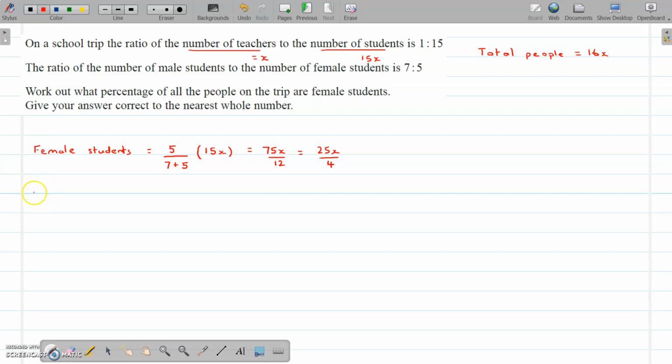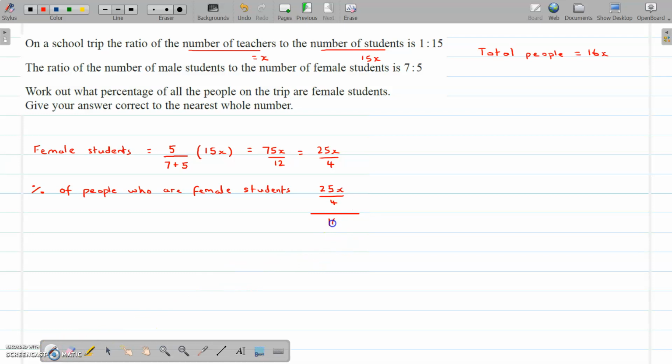So the percentage of people who are female students is going to be the number of female students, which is 25x over 4, divided by the total number of people, which is 16x.